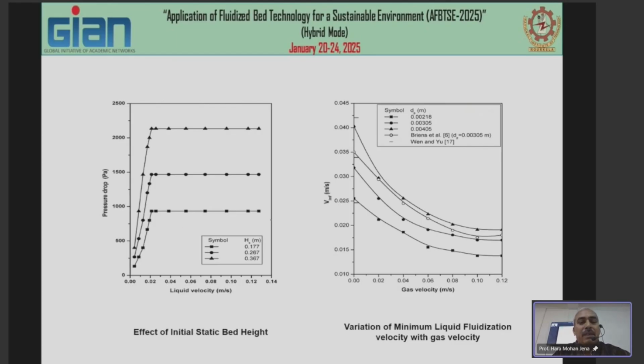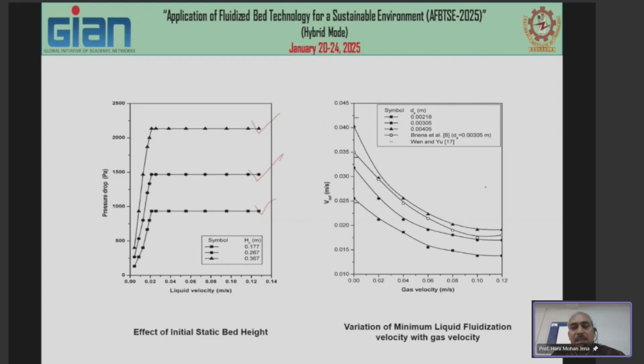For a bed height of 17.7 centimeter, you have this fluidized bed pressure drop value, whereas for 26.7 centimeter, you have this, and at 36.7 centimeter, you have this value. Because there is more solid, so more mass, a higher overall pressure drop is required. But the liquid velocity that is offering drag to a single particle to make it suspended is not changing.